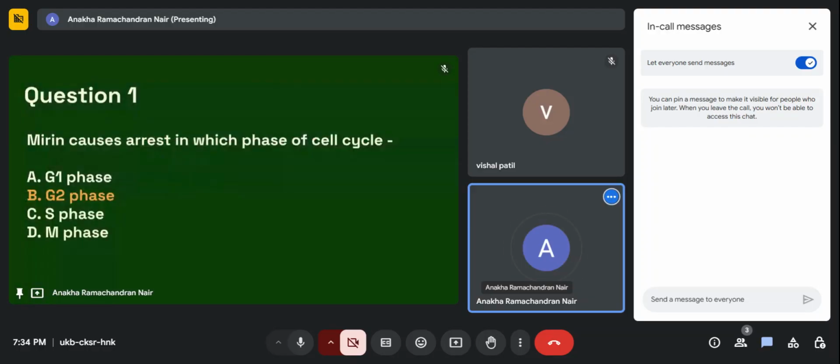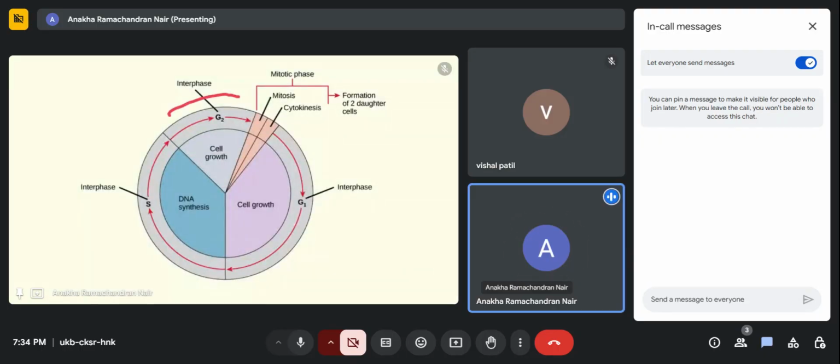So mirin causes arrest in G2 phase, that is here. Mirin is a molecule that causes the cell to not be able to repair double-stranded breaks. Double-stranded breaks in DNA are where both the strands are broken, right?